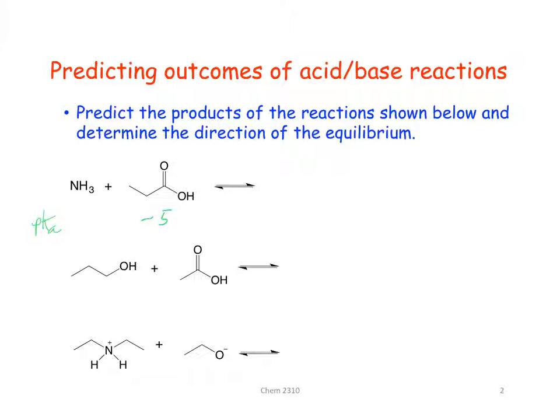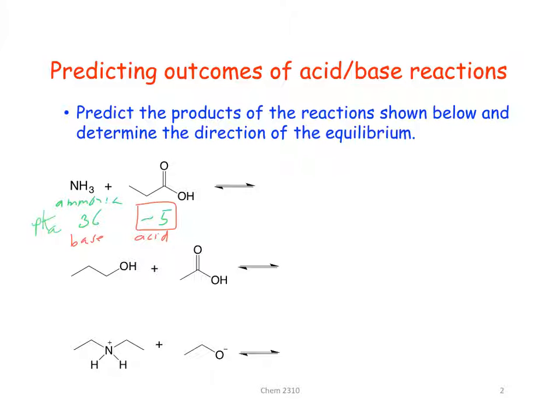This one over here is ammonia, and ammonia has a very high pKa value, so this pKa value is about 36. So clearly this carboxylic acid is going to be the stronger acid, right? So this is going to act as the acid, ammonia will be the base.